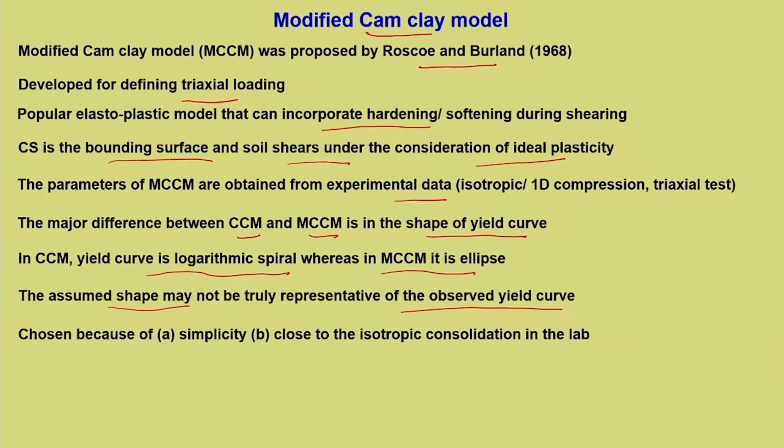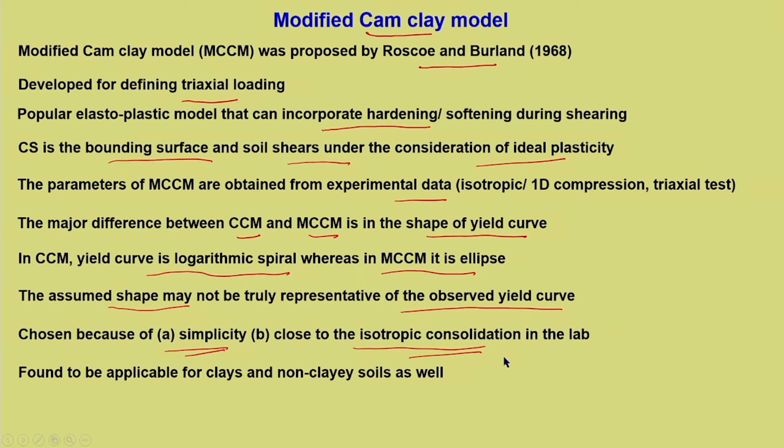A logarithmic spiral or ellipse can be considered close to the realistic yield curve, and it is essentially assumed because of its simplicity in shape in defining the yield curve, and it is close to the isotropic consolidation in the lab, which can be easily captured in this shape.